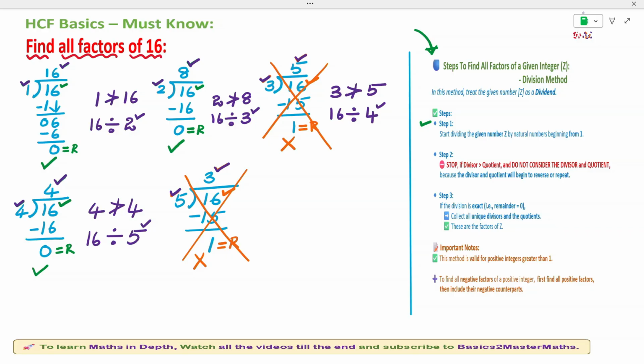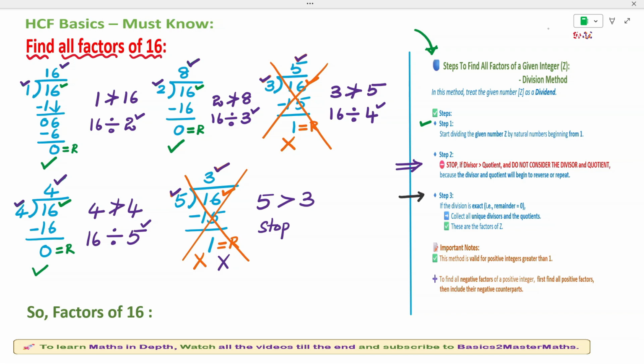In this case, the divisor 5 is greater than the quotient 3. So, as per the rule, please stop here and do not consider this step.